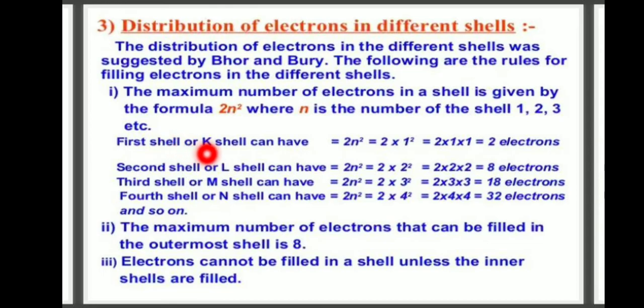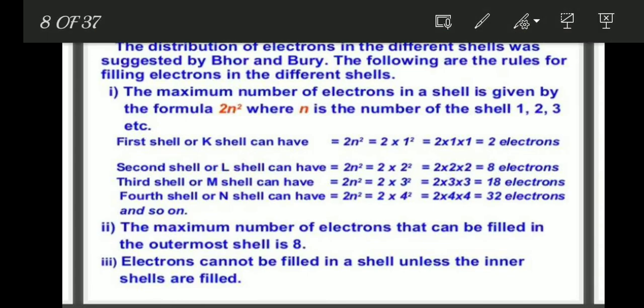First shell or K shell has n equal to 1, therefore by the formula 2n square, 2 into 1 into 1, 2 electrons. Another one, L shell. L shell can have 2n square, 2 into 2 square, therefore 2 into 4, 8 electrons.